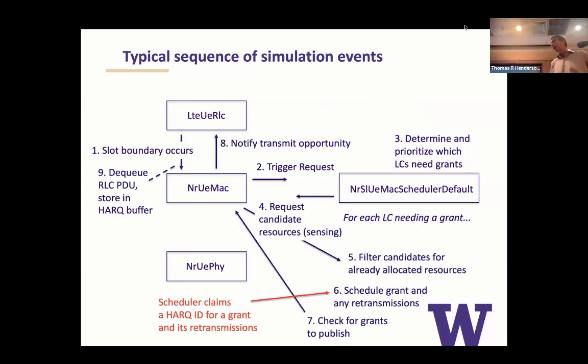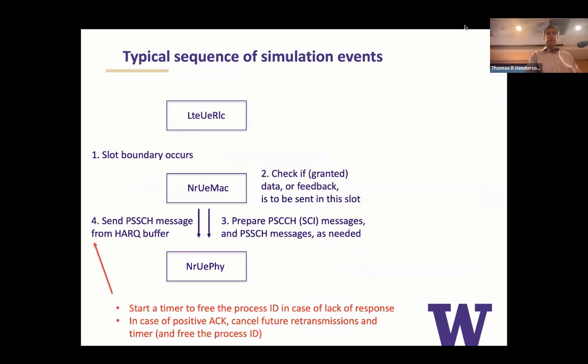And then the overall process continues like I described earlier, but the only difference is that when the scheduler schedules the grants, it claims one of these HARQ IDs for a grant in its retransmissions. So let's say 0 through 3 were available. It will pick one of those, say HARQ process ID 0. And then it will later inform the UE MAC that here's a grant and here's the process ID for it.